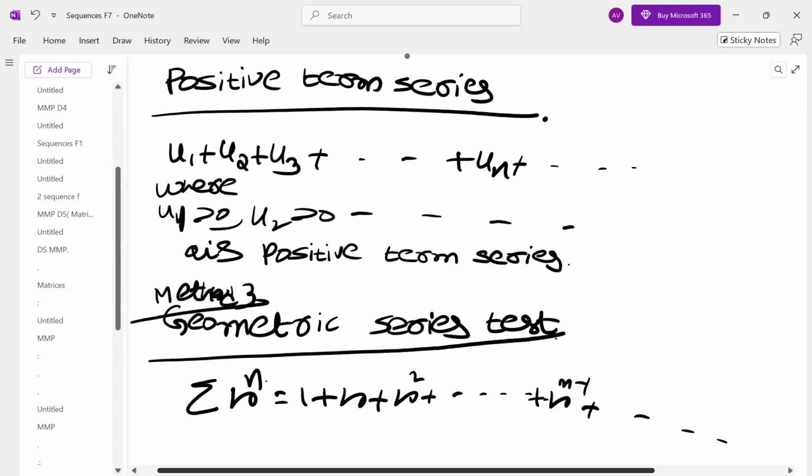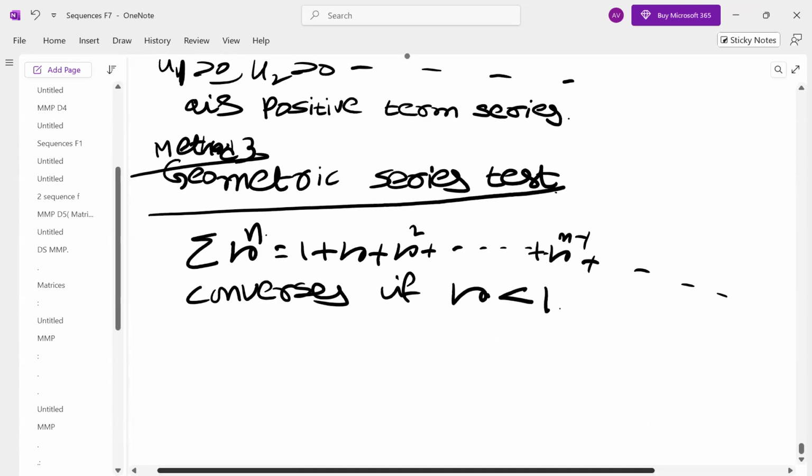It converges if r is less than 1, and diverges if r is equal to 1 or greater than 1.